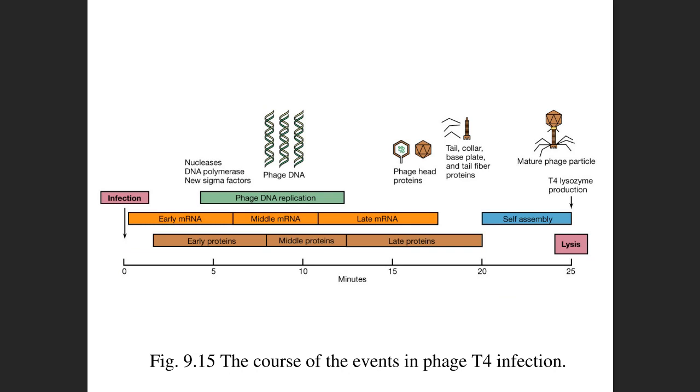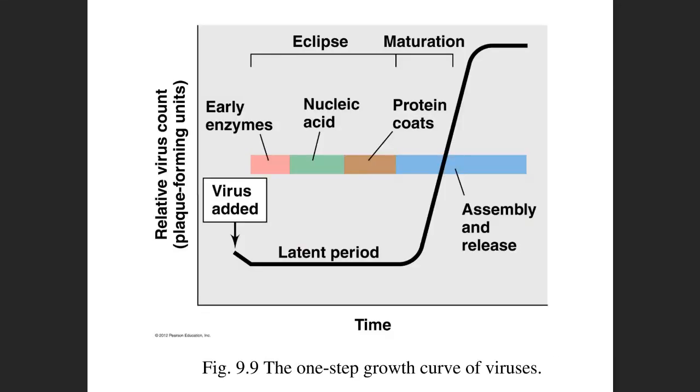Okay, it goes in, comes out, and you can certainly measure it, right? You can measure the number of phage. So this is the virus count. If you count the virus, this is what you see.